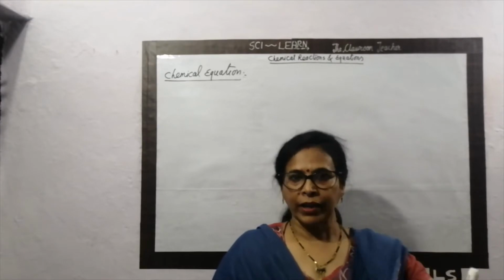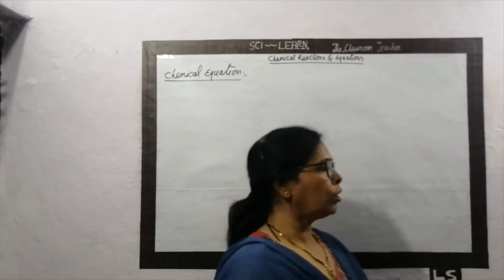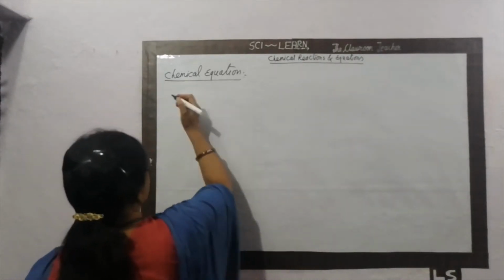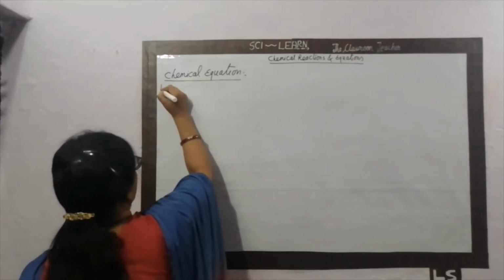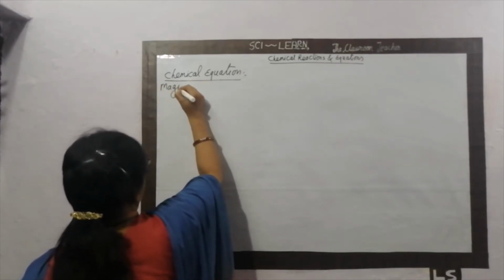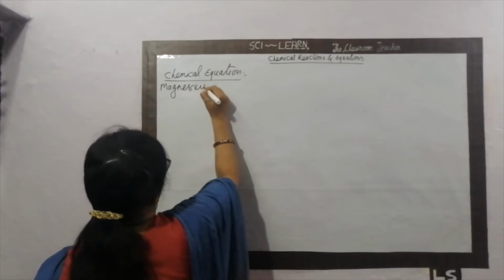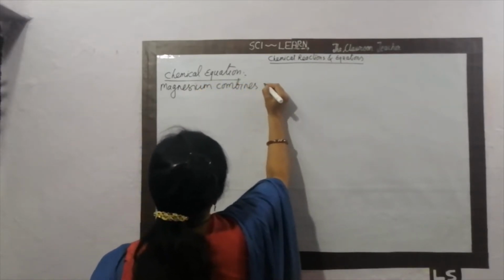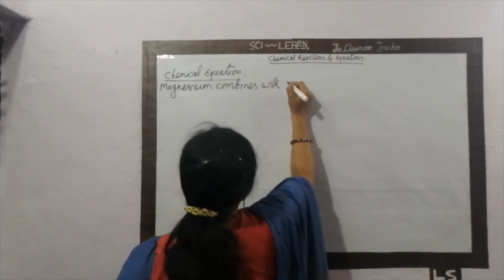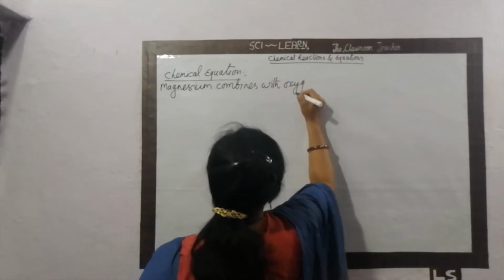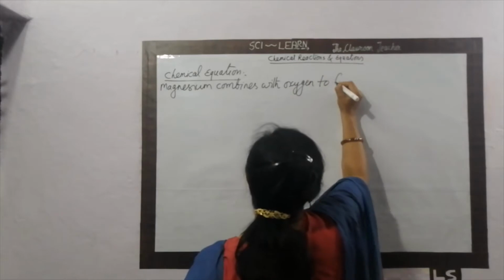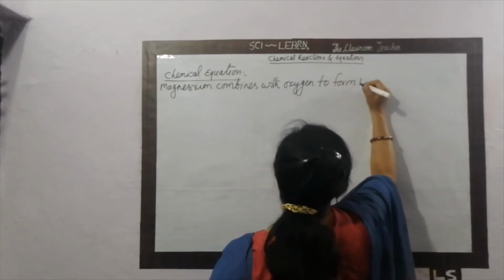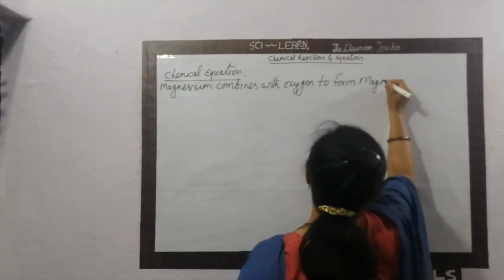Another method is called the word equation. First is the statement. What is the statement? Magnesium combines with oxygen to form magnesium oxide.